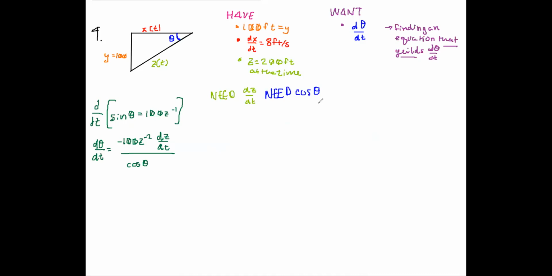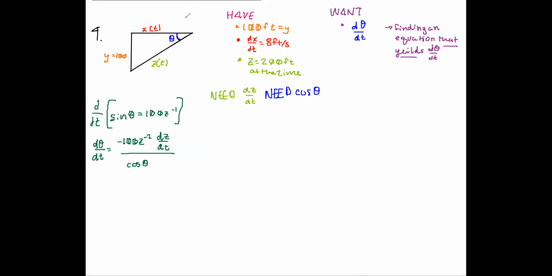I'm sorry, you did just say that. We don't have cos theta. I mean, cos theta would just be x of t over z of t.